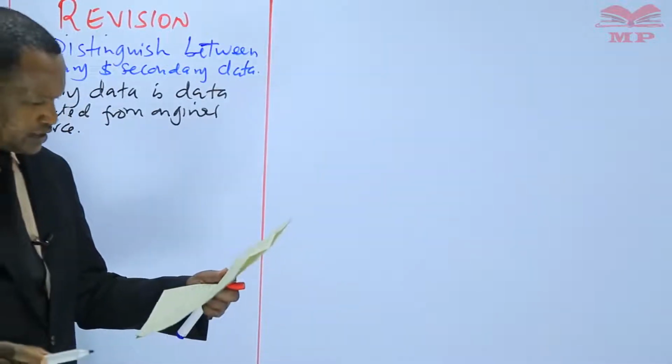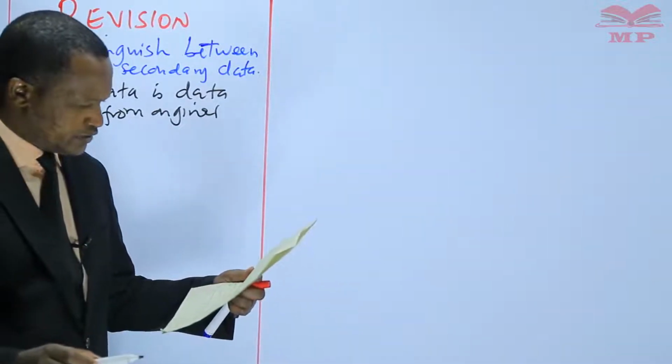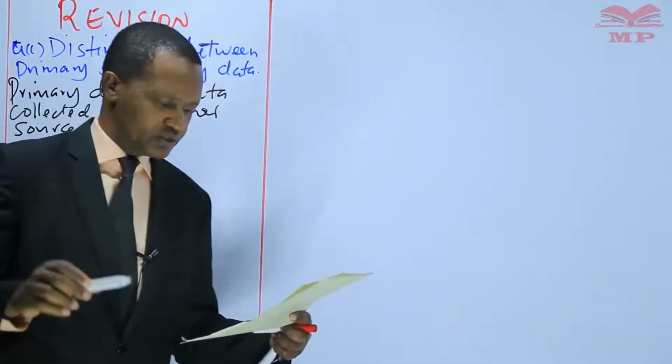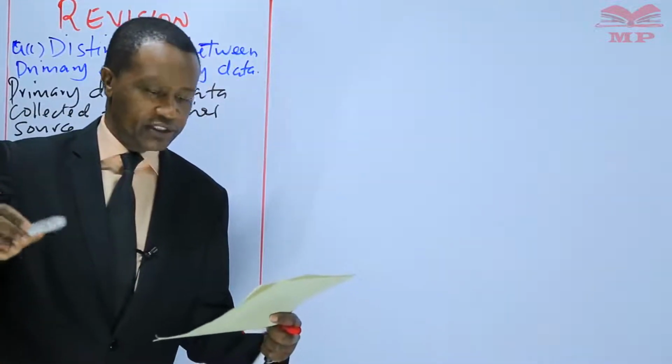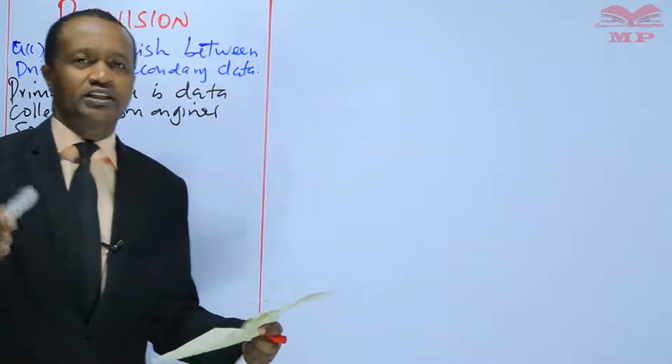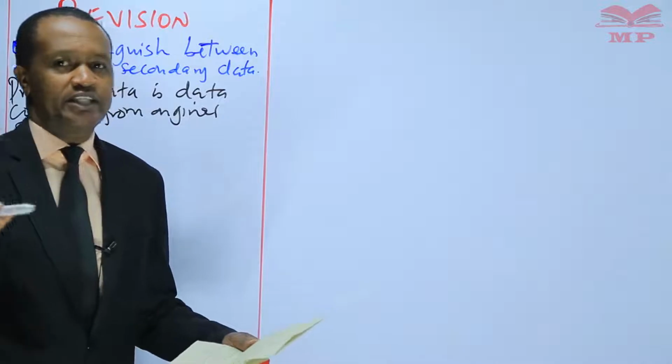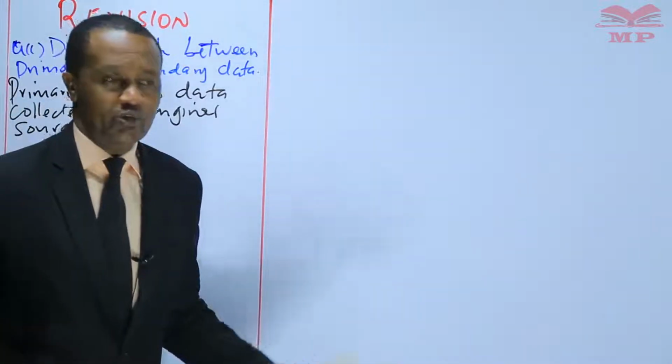In part 2, we will give examples of primary data, 3 examples that could be used in collecting primary data. That's the second question. But candidates, this is data that is collected directly by an investigator for studying a particular problem.